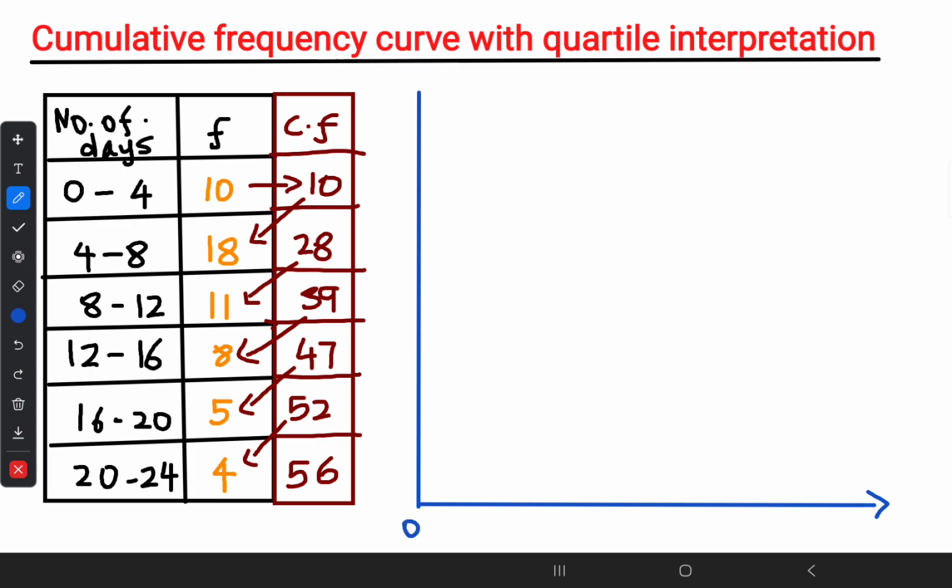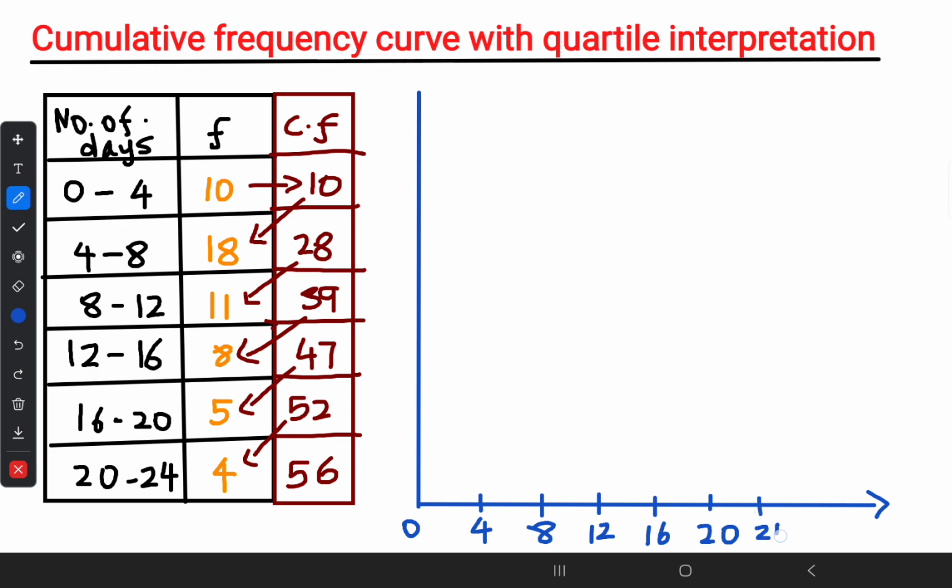0 to 4, 4 to 8, 8 to 12, 12 to 16, 16 to 20, 20 to 24. Okay.